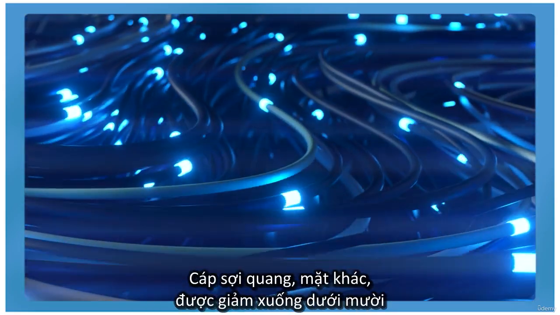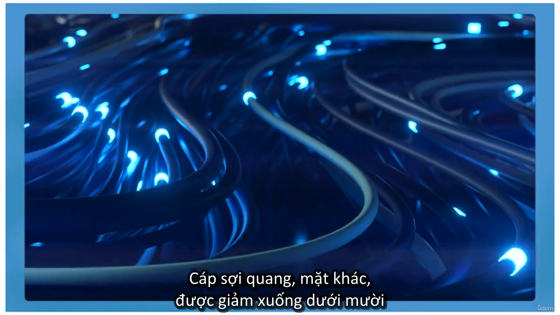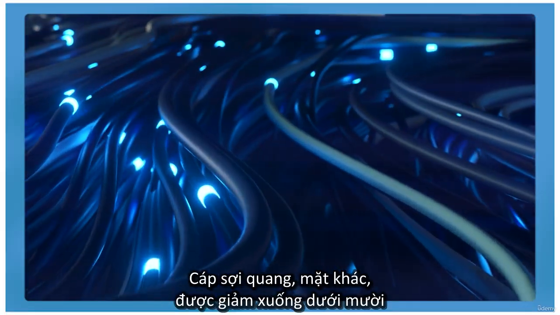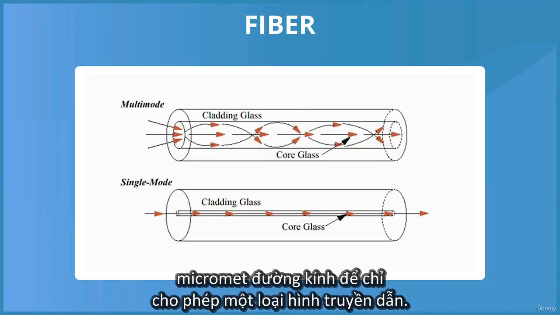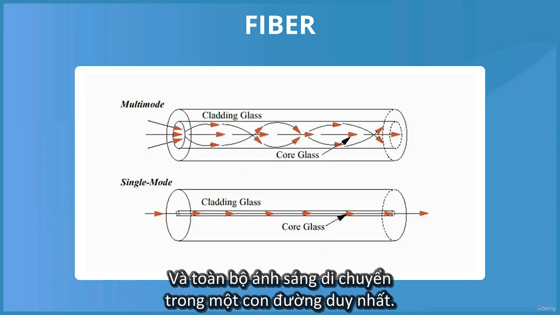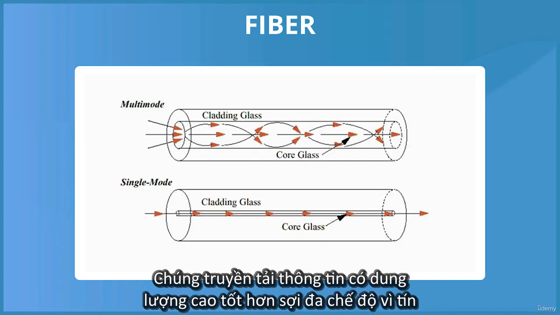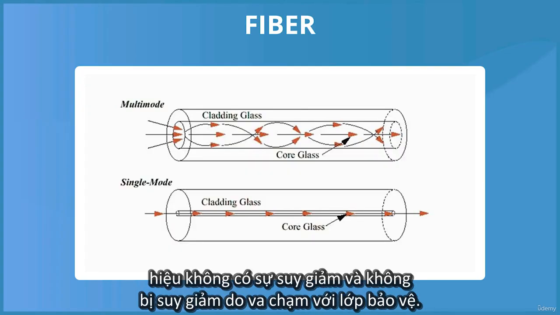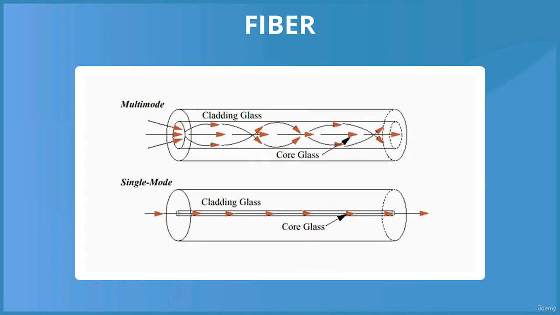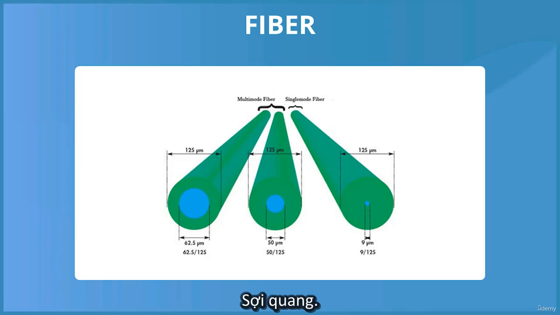Single-mode fiber optic cables, on the other hand, are reduced to less than 10 micrometers in diameter to allow only one type of propagation, and all of the traveling light travels in a single path. They transmit high-capacity information better than multi-mode fiber because the signal has no propagation by hitting the coating. Multi-mode fiber optic.